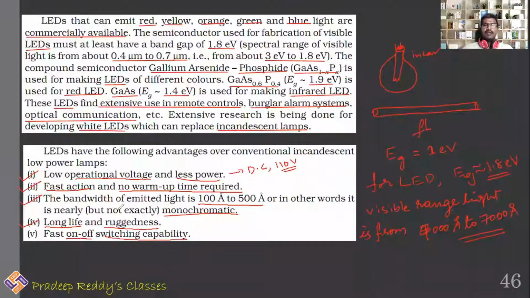These all make LEDs unique compared to normal light emitting devices. So tube lights and incandescent bulbs are now being replaced. These days we have LED bulbs, which replace all these normal light emitting devices.